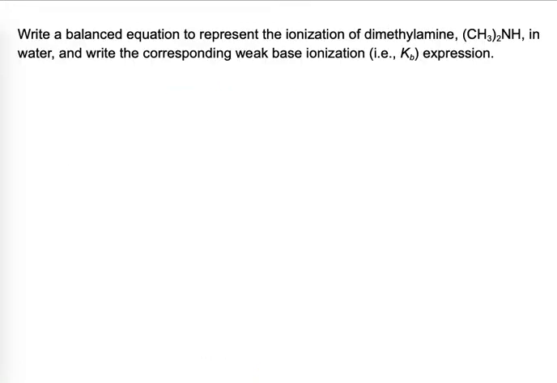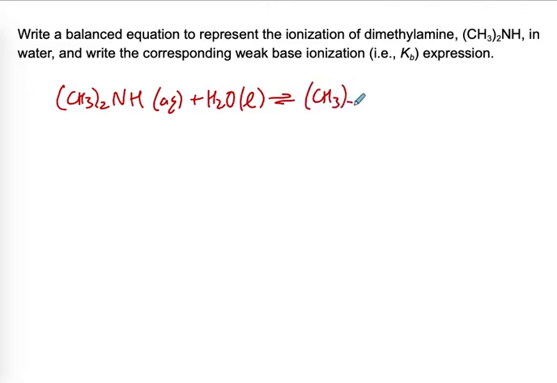So, let's write a balanced equation to represent the ionization of dimethylamine in water and write the corresponding Kb expression. Dimethylamine is an amine that has 3 things attached to it, 2 CH3 groups, which are methyl groups, plus a hydrogen. It reacts with water in an equilibrium to form the dimethylammonium cation.